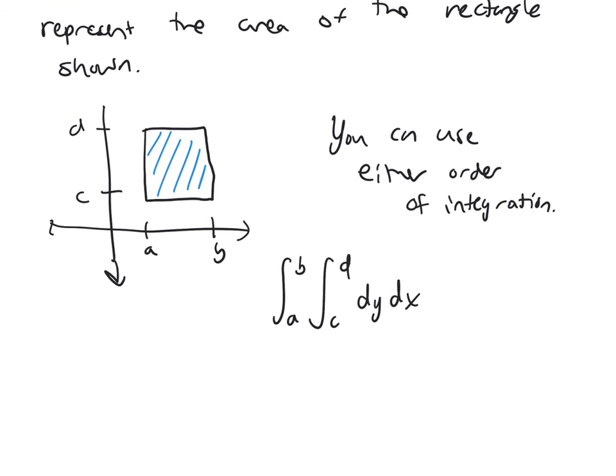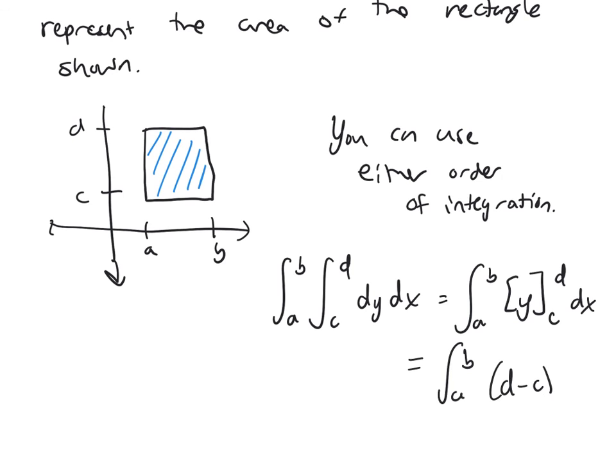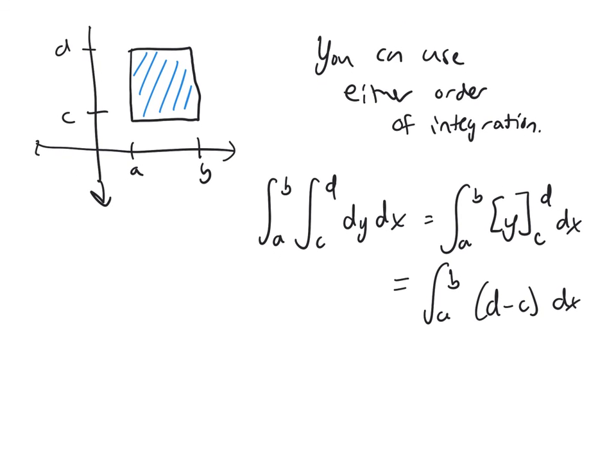But here, let's compute this. So the integral, integrate dy, you get y. So this is the integral from a to b of d minus c. d minus c is just a constant. We just don't know what they are, but there's no x there.